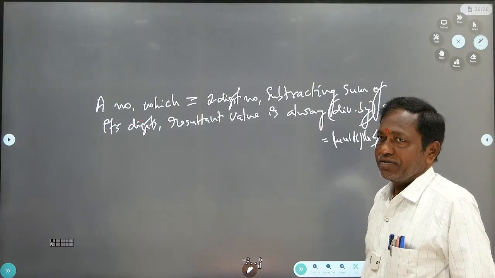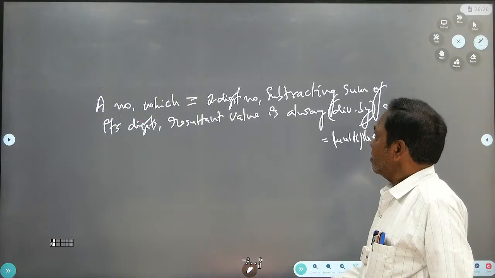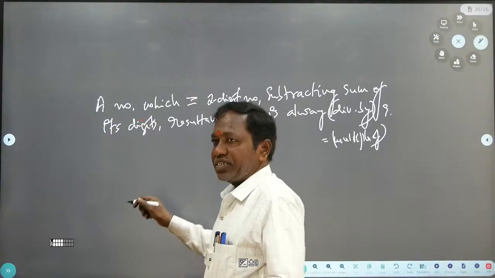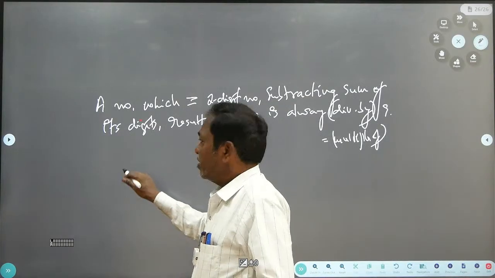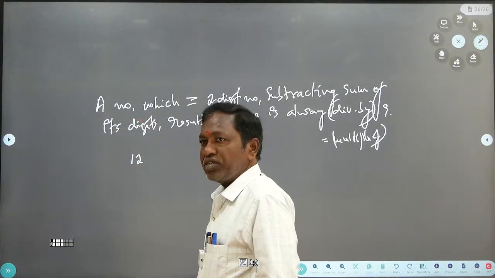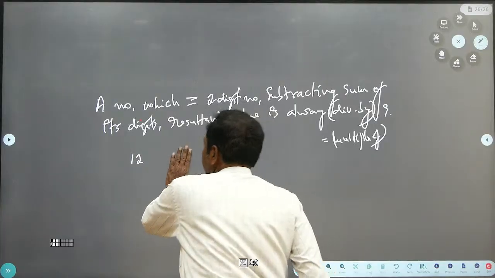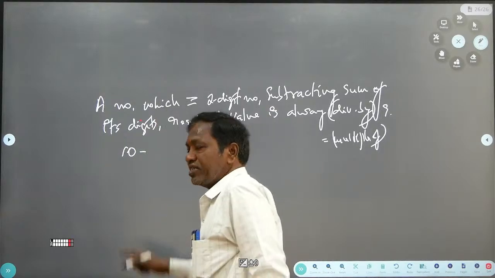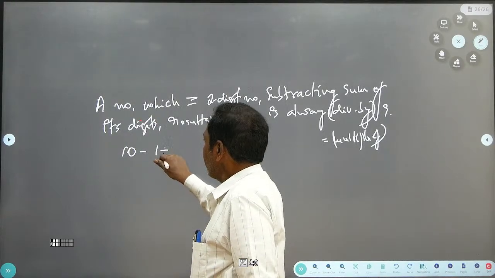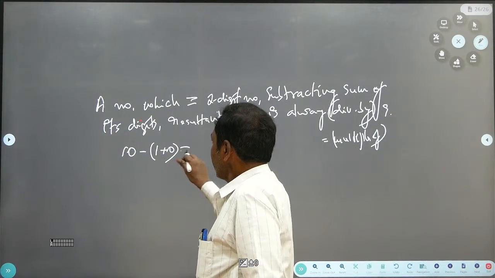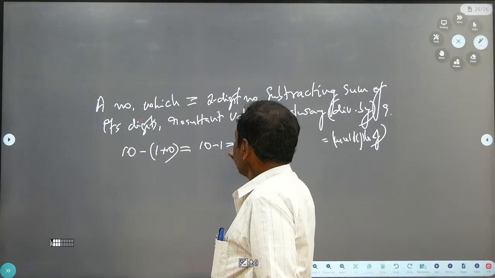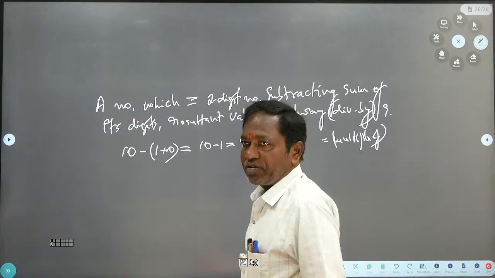Sir, why do we put subtracting the sum of its digits? Say for example, let us take the first 2-digit number, 10. 10 minus the sum of its digits, 1 plus 0: so 10 minus 1 is 9, that is the property.